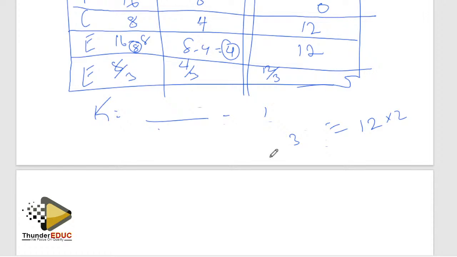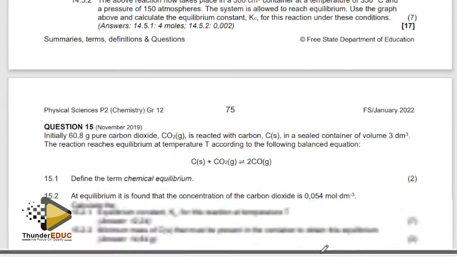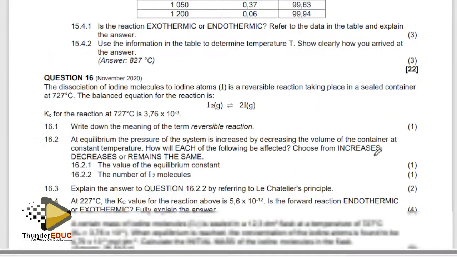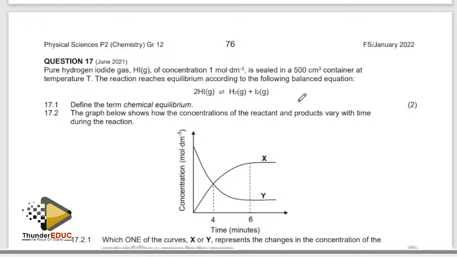Let's go to acids and bases, and then we conclude with acids and bases.